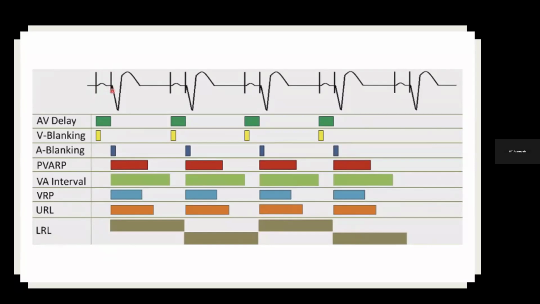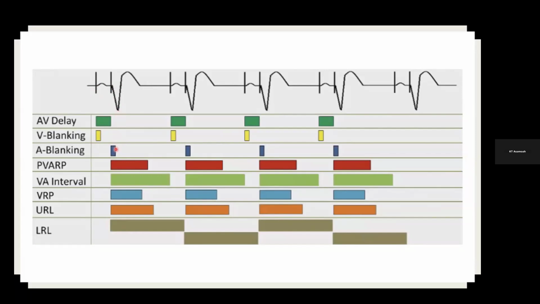After the atrium paces, in order to prevent crosstalk, there's ventricular blanking so that the ventricular lead cannot see what is going on in the atrial lead and then interpret it as its own activity. Then again, after the ventricle, we have the post-ventricular atrial blanking. So for the same reason you have the ventricular blanking, we don't want the atrium to sense this through crosstalk and then start its own cycle again.